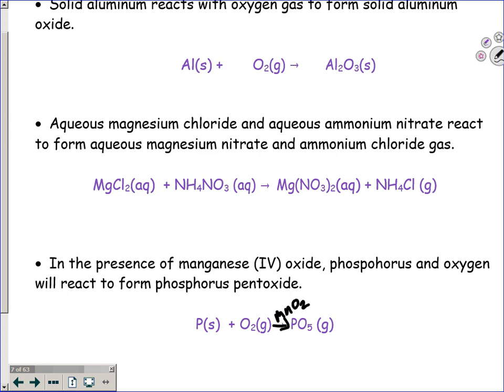Oh, I haven't balanced it yet. I'm having you guys balance it first. This is solid aluminum by itself. It's not an ion. It's not charged. It's just a pure metal.